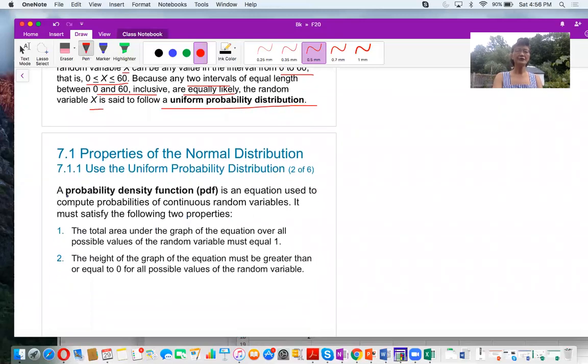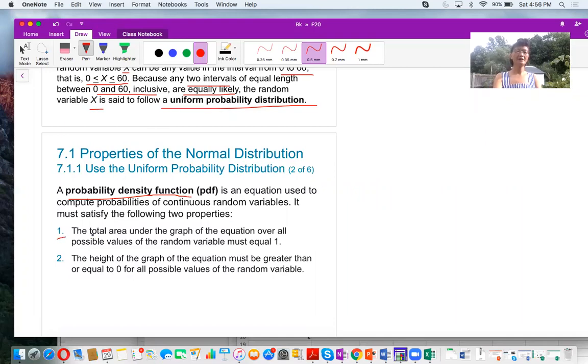Next, let's introduce a terminology. Probability density function. It is an equation used to compute the probabilities of continuous random variables. It must satisfy the following two criteria.